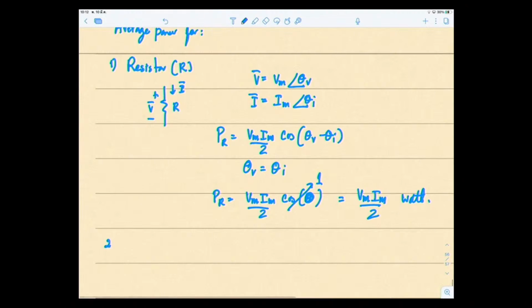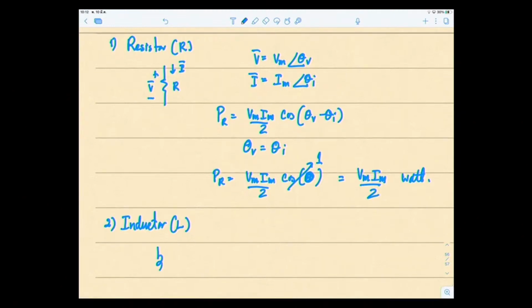The second element is an inductor, L. You have current going through it, inducing a voltage across the inductor.